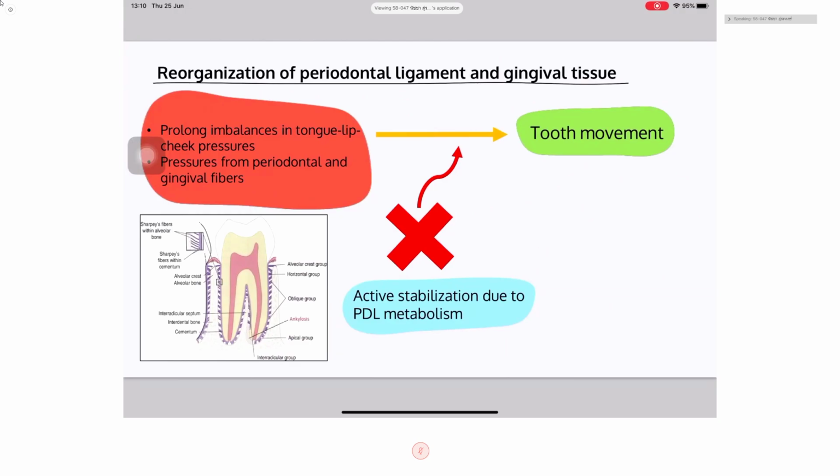Here's our periodontal ligament and gingival tissue reorganization. Small but prolonged imbalance in lip, tongue, and cheek pressure, or pressure from gingival fiber that otherwise would produce tooth movement, is resisted by active stabilization due to PDL metabolism.